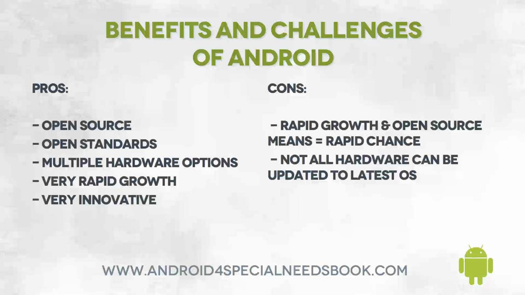Now, here's the scenario that often happens. You buy a piece of hardware, and 2 years later, the manufacturer has moved on to another generation of hardware, and they're not updating the previous generation of hardware. Now, this happens much less with major manufacturers like Samsung or Asus, manufacturers like that.